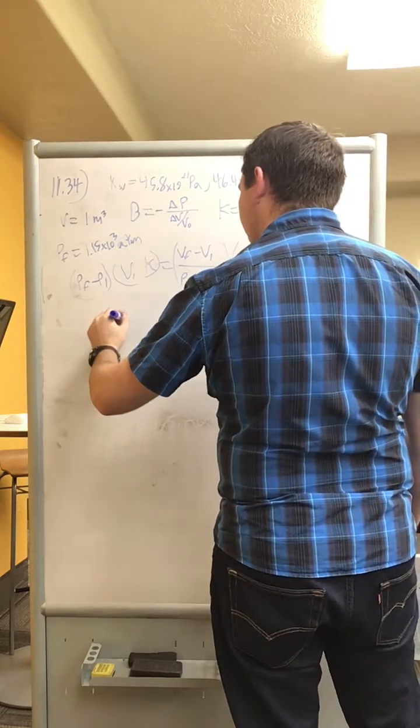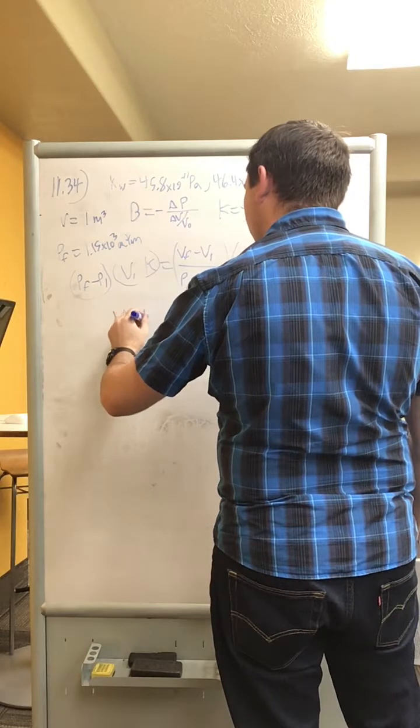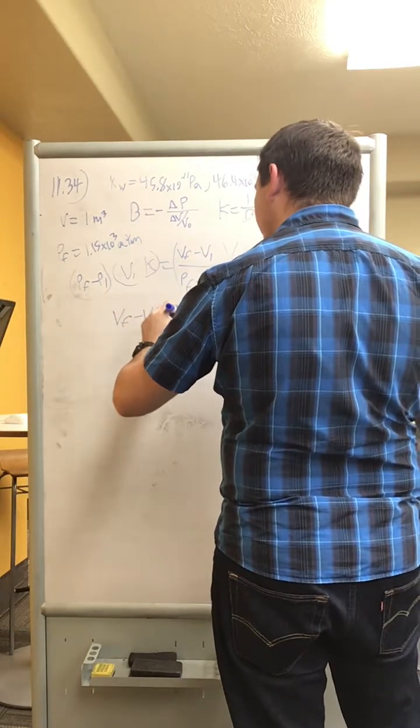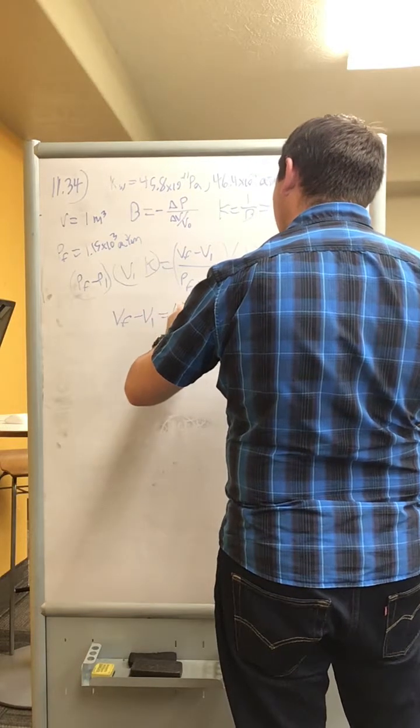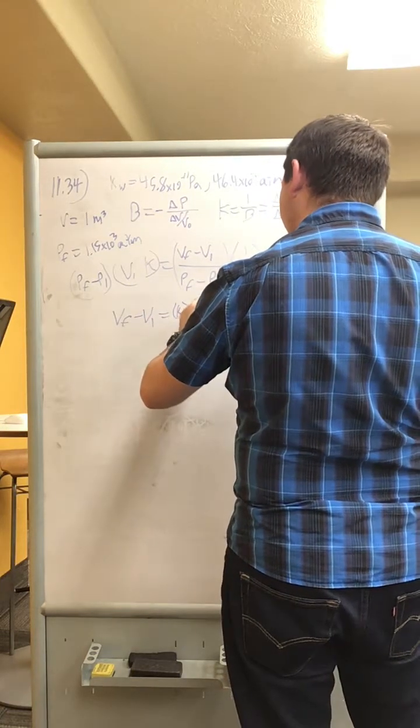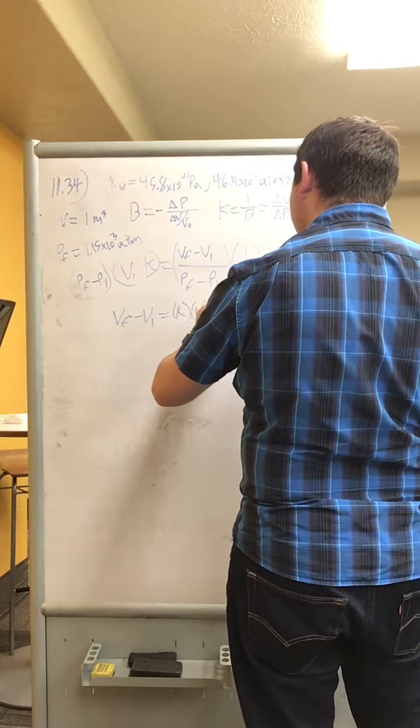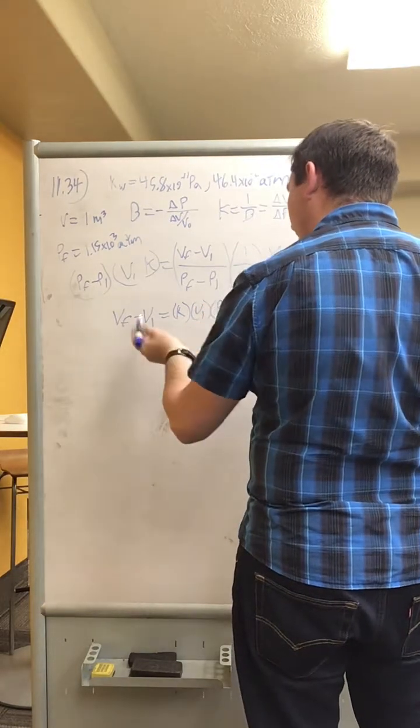That leaves us with the volume final minus the volume initial equal to K times the volume initial times pressure final minus pressure initial.